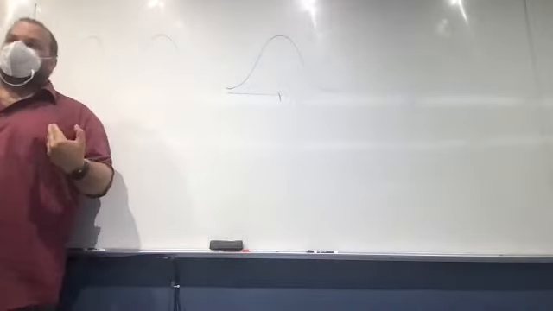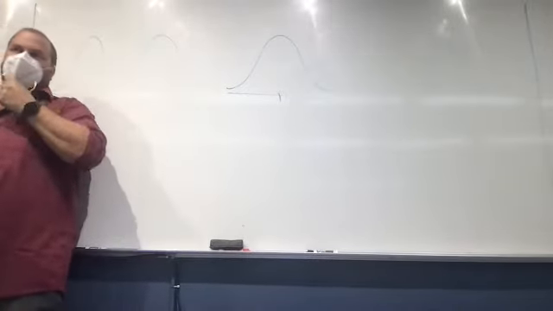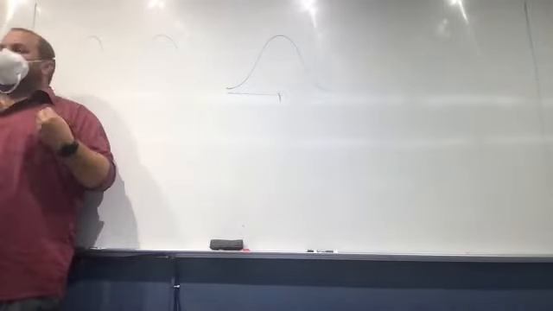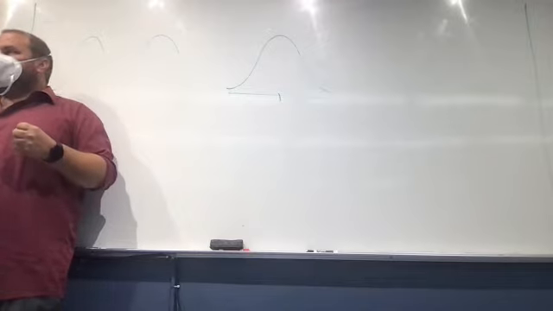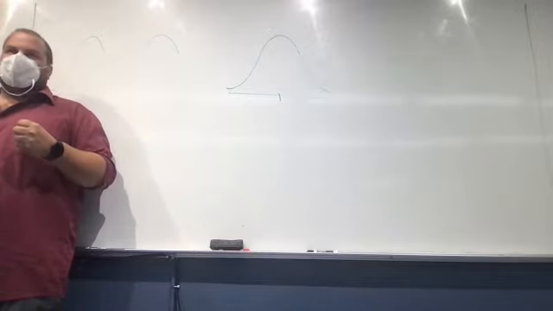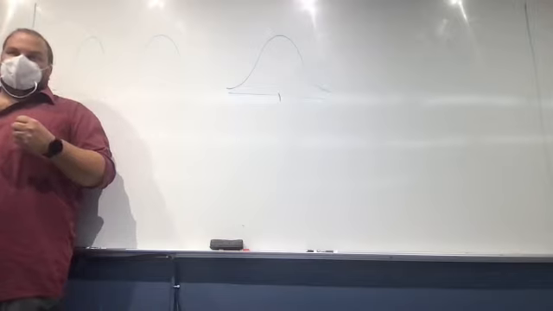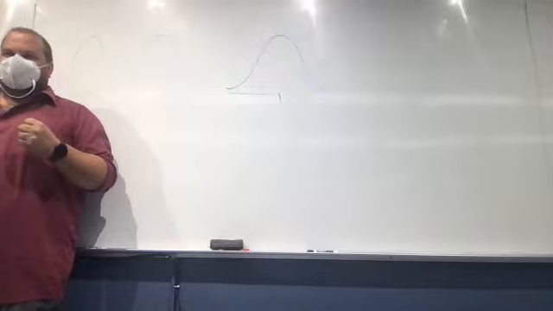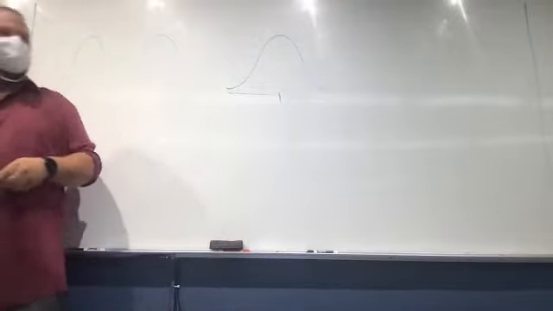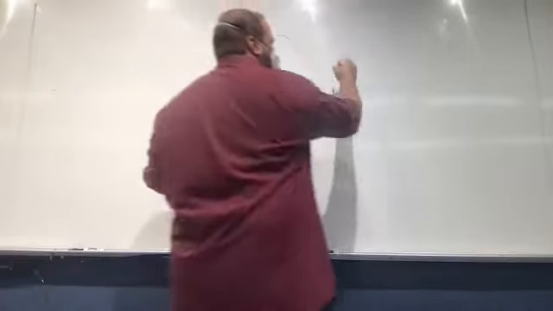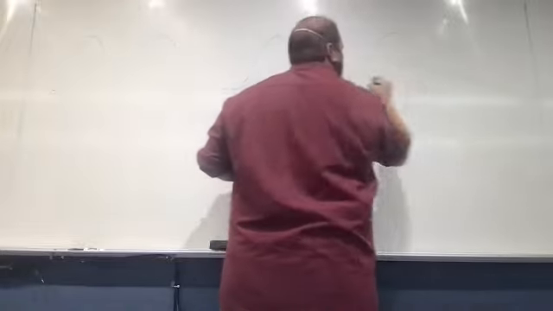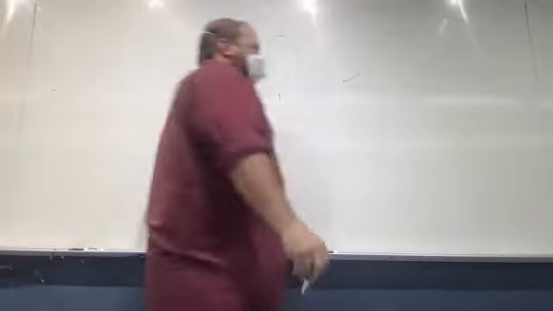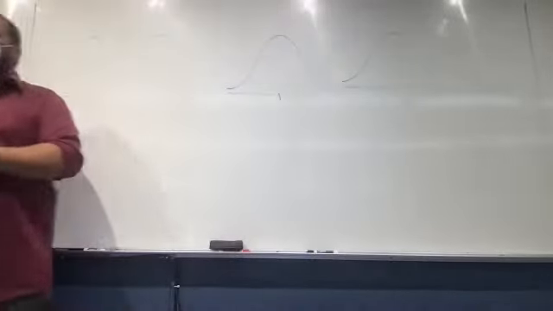What if it's skewed to the right? What if the distribution is skewed to the right? No. No. Wow. Crazy. How do you figure that one out? So if it's skewed to the right, if we have a tail on the right side.